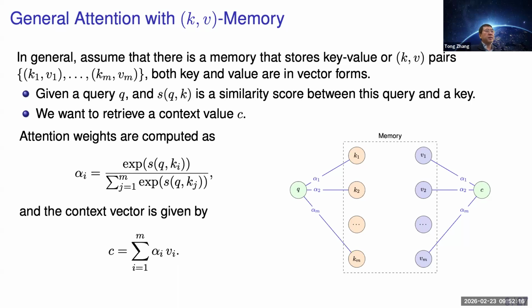You can think about it this way: if one alpha_i is very large, and the others are 0, so one alpha_i is 1 and the others are 0, then you are retrieving the value associated with a single key. That is the typical memory, retrieving a single value corresponding to a single key. But here it is differentiable because you have a softmax. This becomes a smoothed version of memory retrieval.